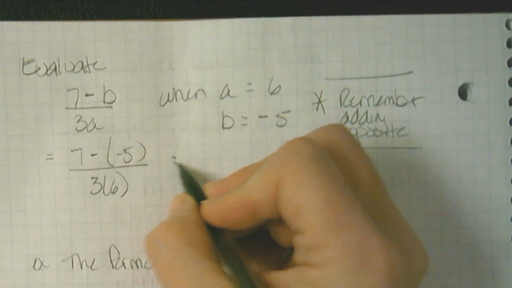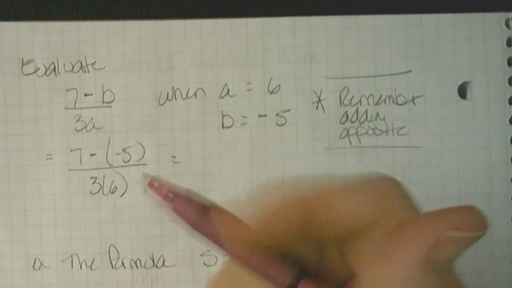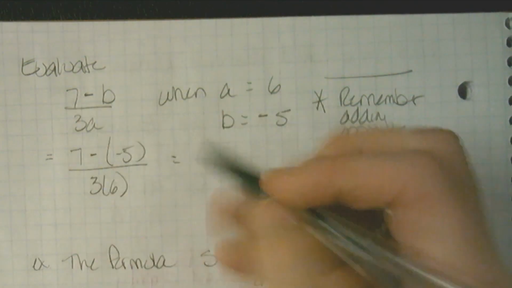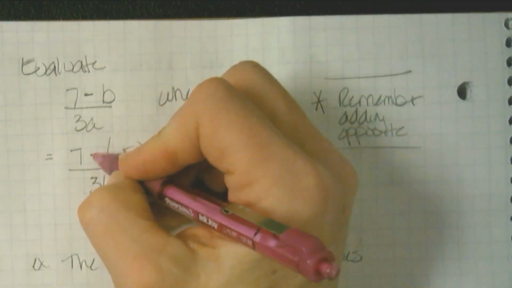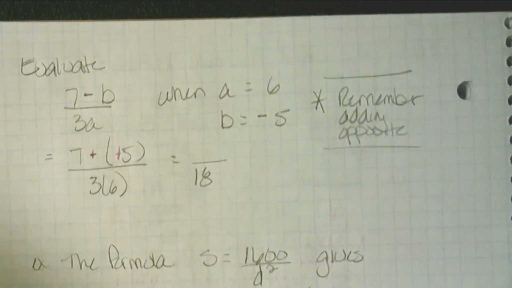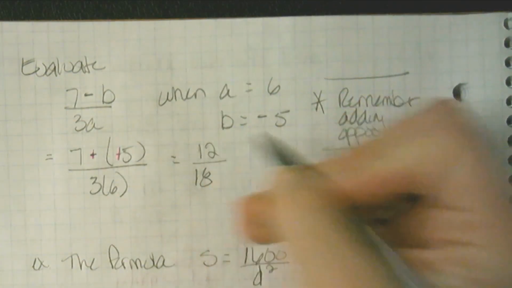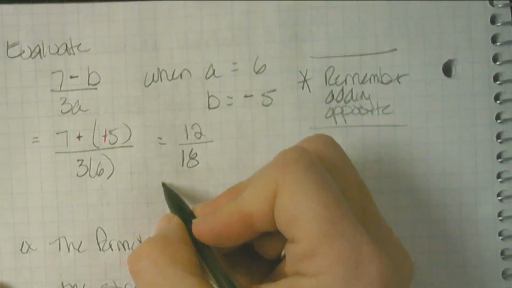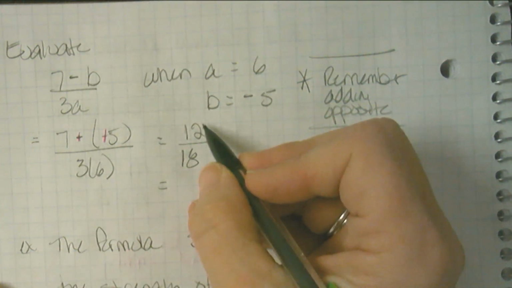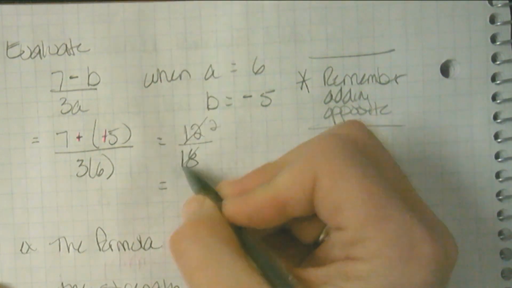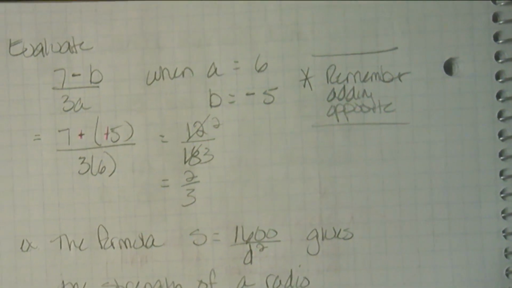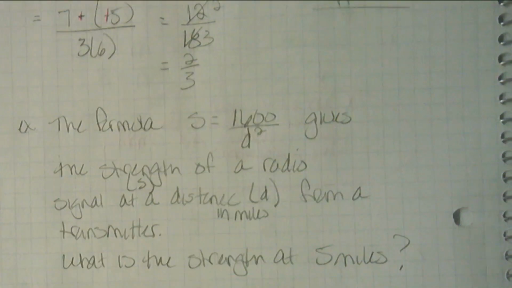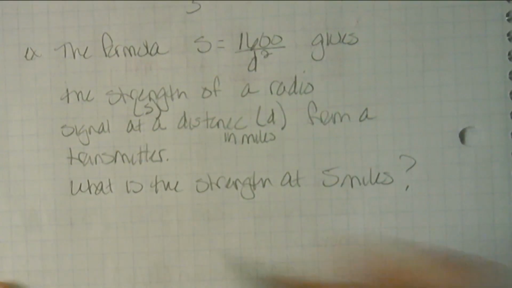Excellent, keep going. Awesome. That's the biggest thing to remember, is add the opposite on that. All right, and what does that simplify to? How many of you guys got that? Awesome. Nice job.